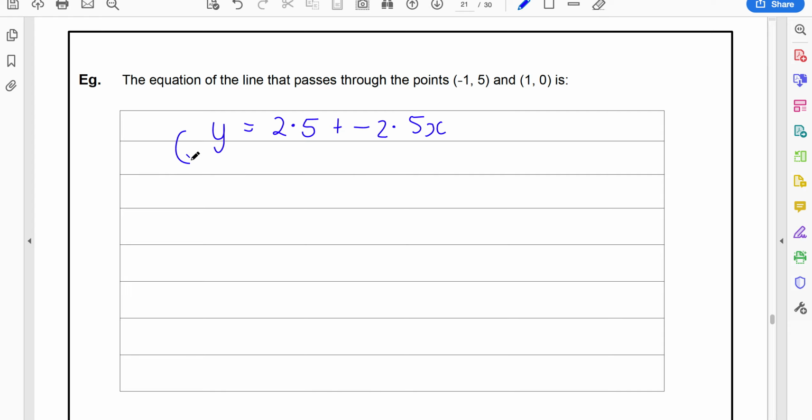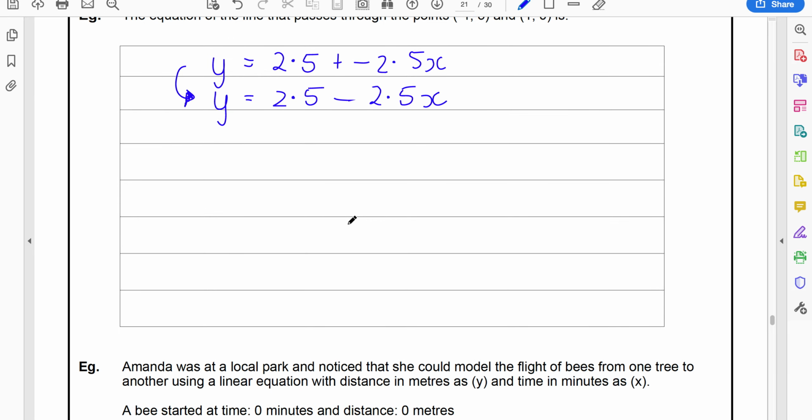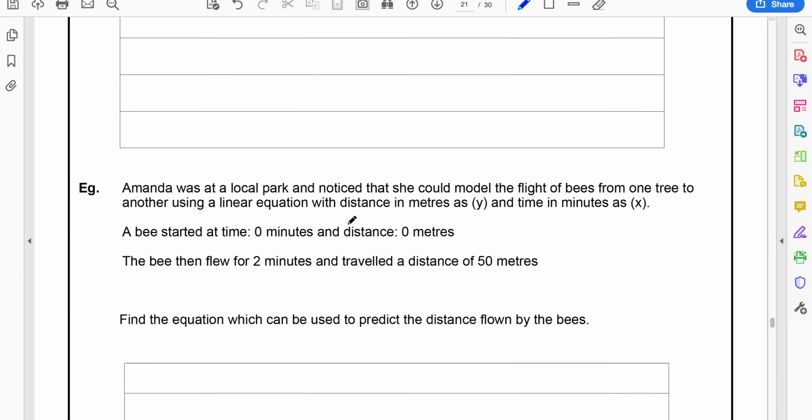But I won't leave it like that because it's not good practice. I will write it as 2.5 minus 2.5x. So just by coincidence, I happen to have A and B values that are the same. That can happen.